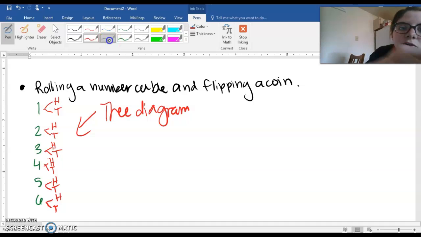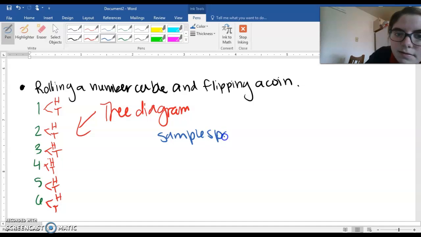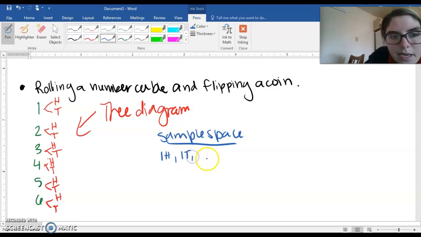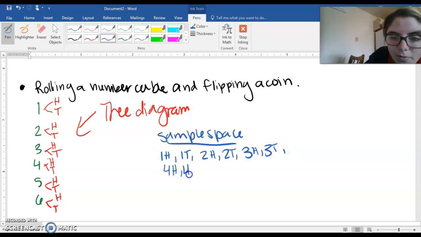Okay, and then to create your sample space, you're just going to go through and list these. So I have 1 heads, 1 tails, 2 heads, 2 tails, 3 heads, 3 tails, 4 heads, 4 tails, 5 heads, 5 tails, 6 heads, 6 tails.